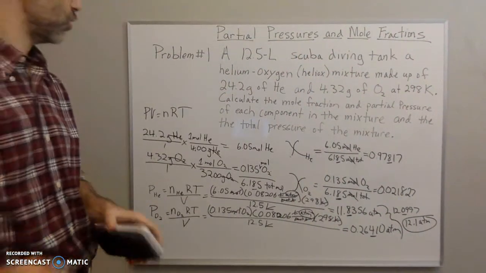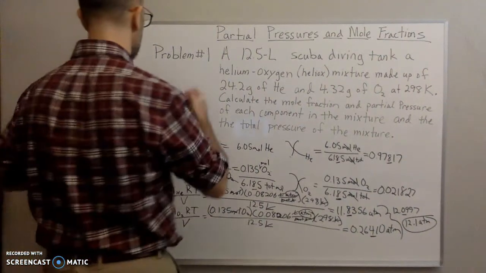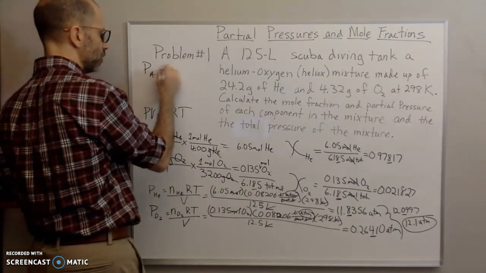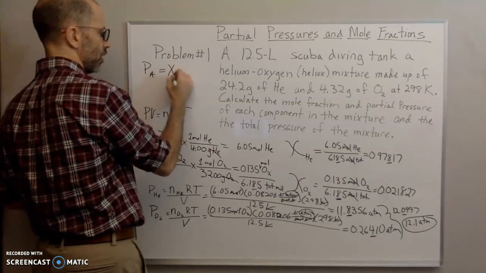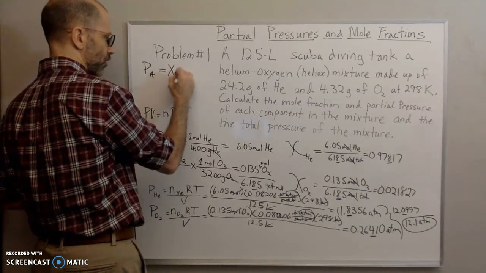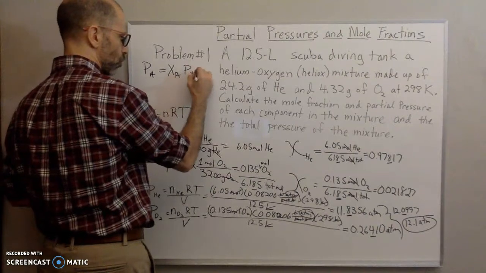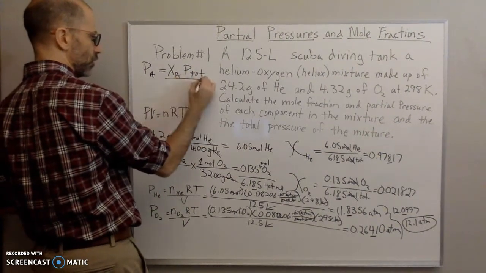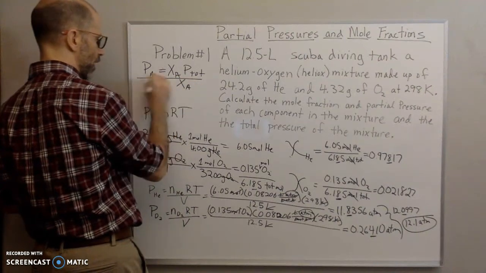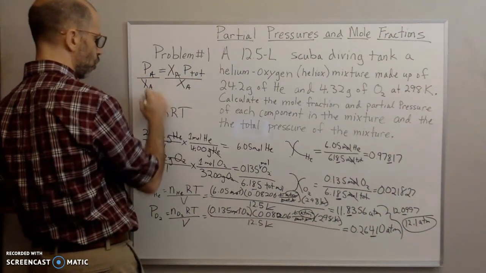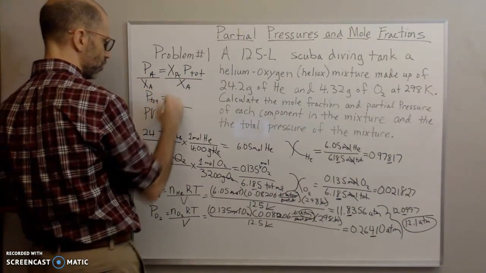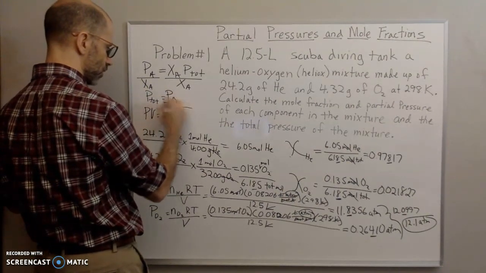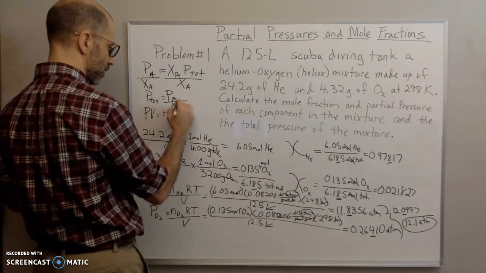The second way is to use the equation that the partial pressure of one of the gases is equal to the mole fraction of that gas times the total pressure. If we solve for total pressure, it's the partial pressure divided by the mole fraction. So the total pressure should be equal to the partial pressure of the substance divided by the mole fraction.